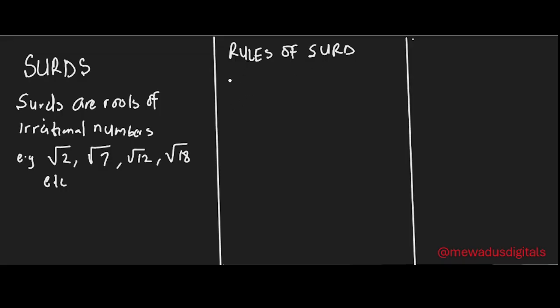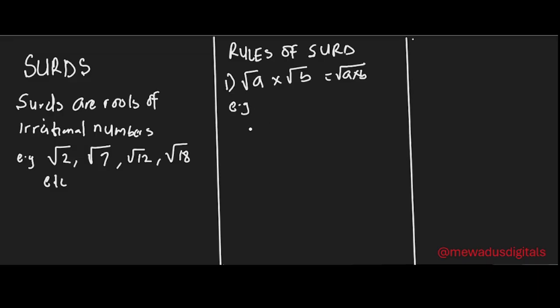Now, let's denote we have root A times root B. If we have this case, root A times root B is equal to root A times B. That is, they mean the same thing. Let's take an example.